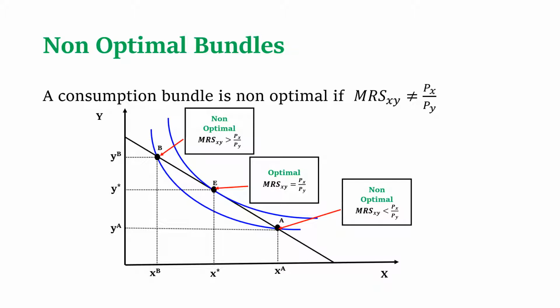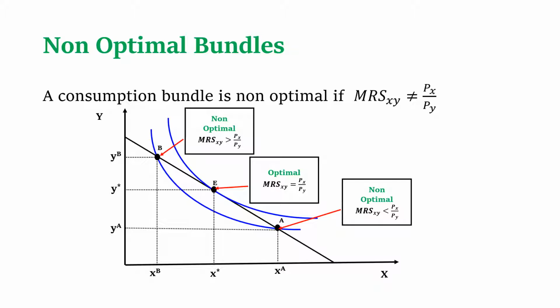Now, let's look at point A again. Point A, the bundle there is XA and YA, right? But the marginal rate of substitution is not equal to the relative price of the goods, so that is not optimal as well. But what is optimal here is point E. At point E, the consumer consumes positive amounts of the goods, and the marginal rate of substitution is just equal to the relative prices of the two goods.